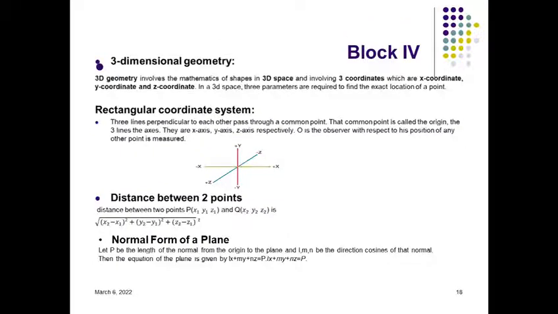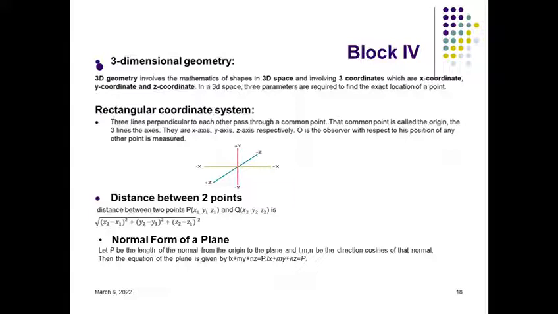Three-dimensional geometry. 3D geometry involves the mathematics of shapes in three-dimensional space and involves three coordinates, which are the x coordinate, y coordinate, and z coordinate. In three-dimensional space, three parameters are required to find the exact location of a point. Rectangular coordinate system.